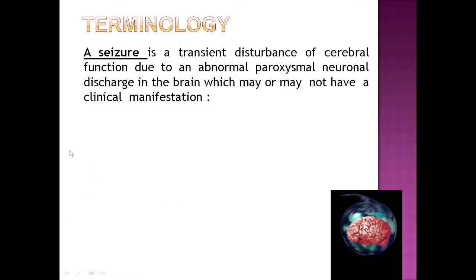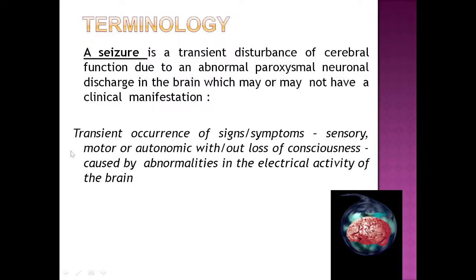These manifestations are basically transient occurrence of signs and symptoms. The signs and symptoms could be sensory, motor, autonomic, and they may be accompanied by loss of consciousness, or there may be preserved consciousness. The basic issue is there is an abnormality in the electrical activity of the brain. All right, now this is the basic understanding and definition of a seizure.